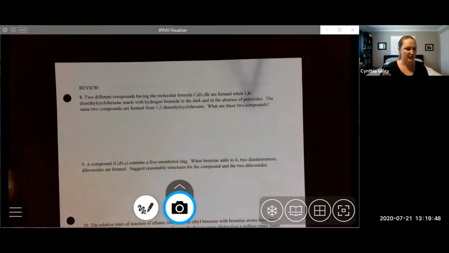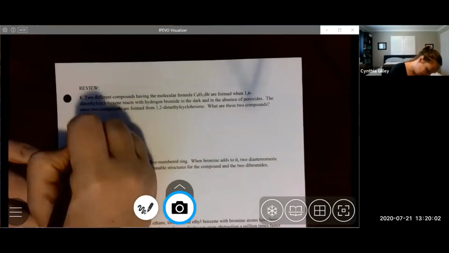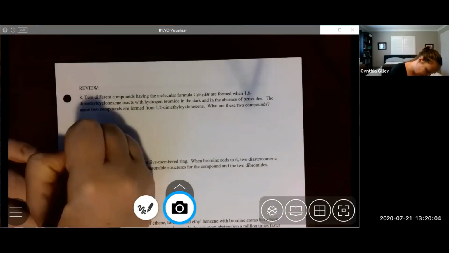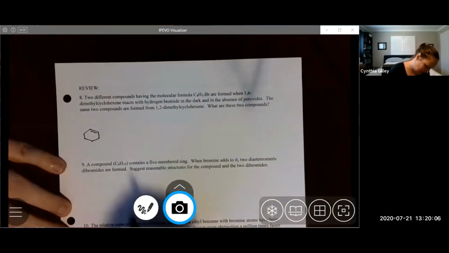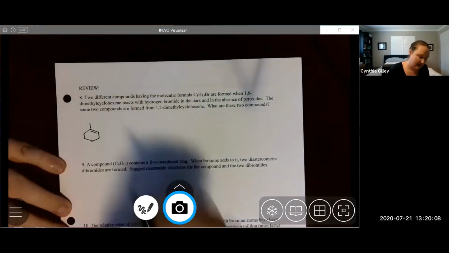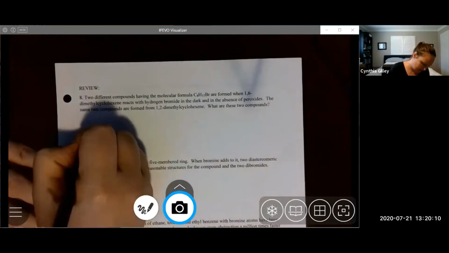Okay, so the first question says, two different compounds having the molecular formula C8H15Br are formed when 1,6-dimethyl cyclohexene reacts with HBr in the dark with no peroxides, and the same compounds are formed from 1,2-dimethyl cyclohexene. So let's draw that out. We start out with cyclohexene. This might be 1, and then we would count this way, 2, 3, 4, 5, 6.